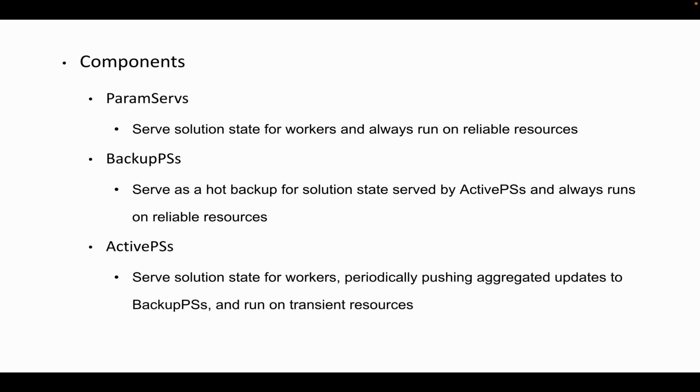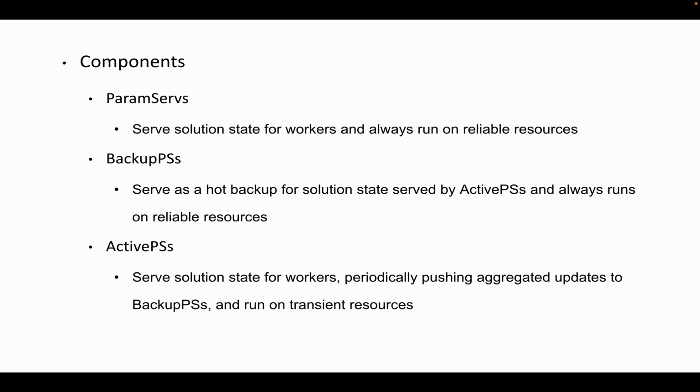The next is active PSs. Active PSs in the parameter server architecture receive updates from workers, and they aggregate those values to adjust the model parameters. The active PSs communicate with backup PSs periodically. They receive frequent updates from the workers, and then periodically send bulk data to the backup parameter server to maintain a checkpoint-style system in which data integrity remains intact in case of failures.